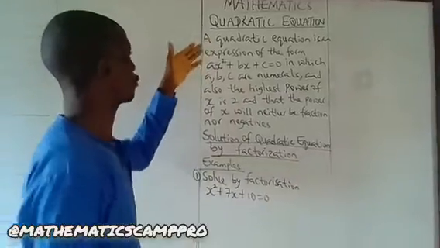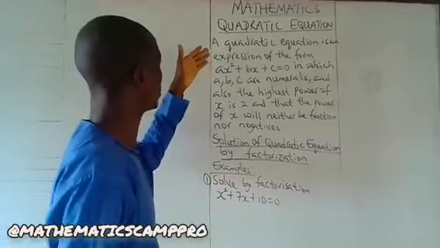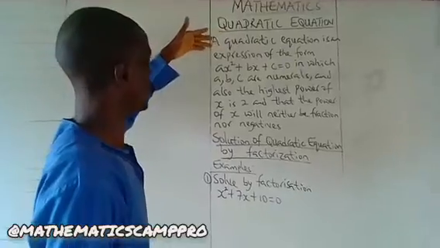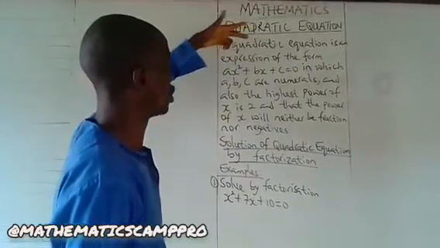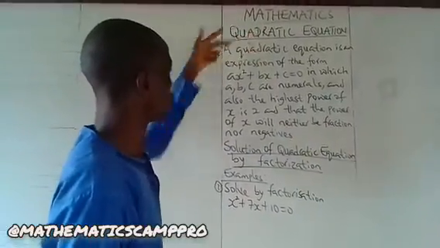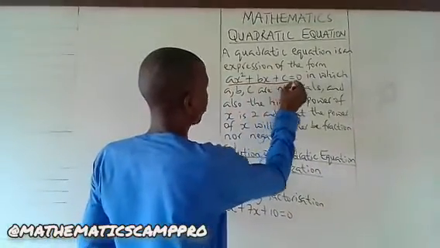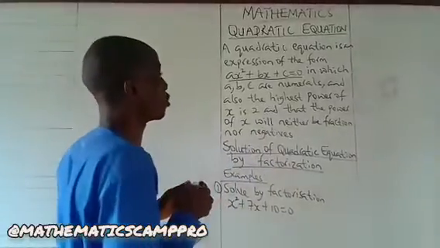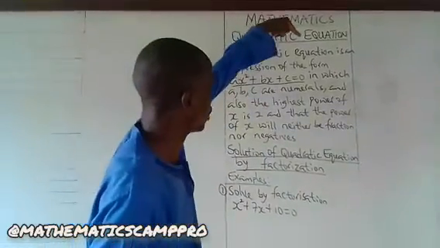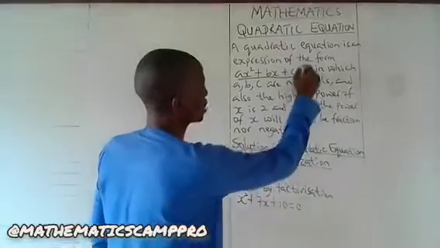As you can see on the board, a quadratic equation is an expression of the form ax squared plus bx plus c equals 0. Why is it an equation? It's simply because of this symbol.